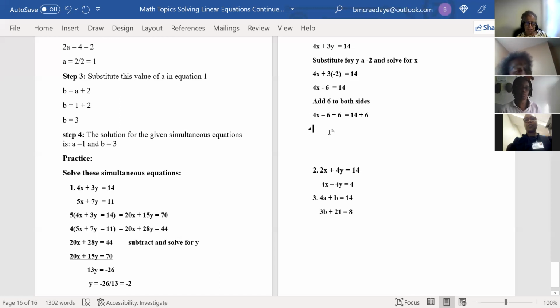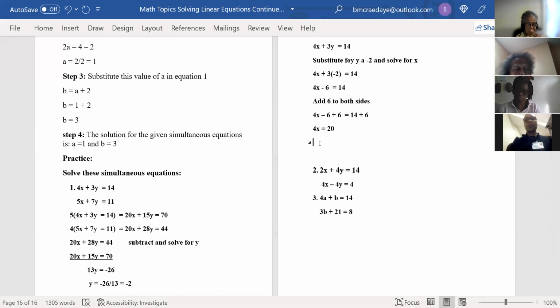So what do you have left on the left side? 4x. 4x, that's right. No, 4x, because minus 6 plus 6 is 0. What is that equal to? What's the 14 plus 6? 20. Okay, 14 plus 6 is 20. Okay, then what is x equal to? What do you do next to solve for x?